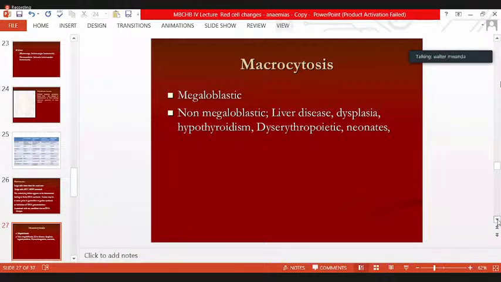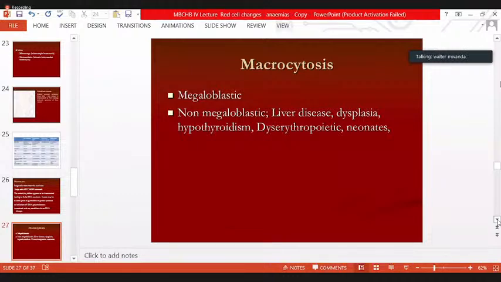Whenever we have macrocytosis, we need to differentiate into 2 major classes: megaloblastic macrocytosis and non-megaloblastic macrocytosis. From the history, from the information you get from the patient, from other investigations, it may be clear as to what is the likely cause of the macrocytosis.